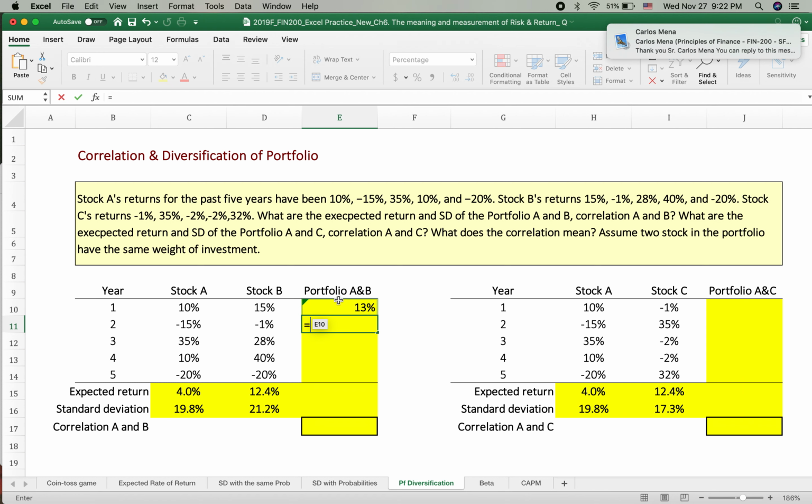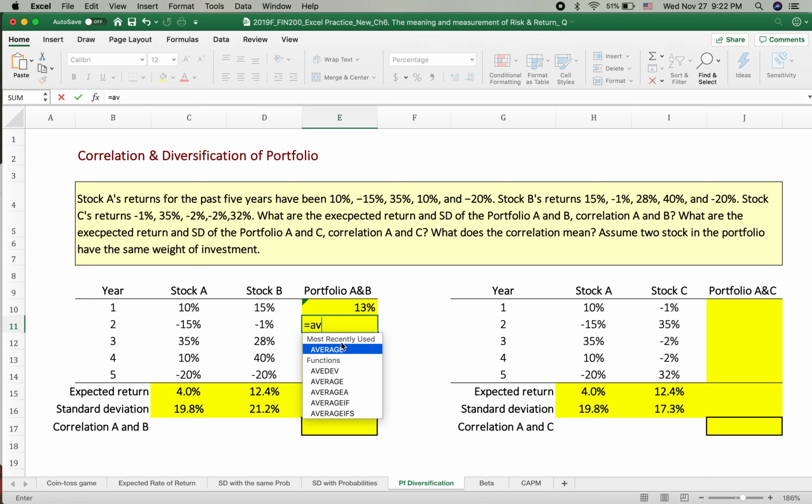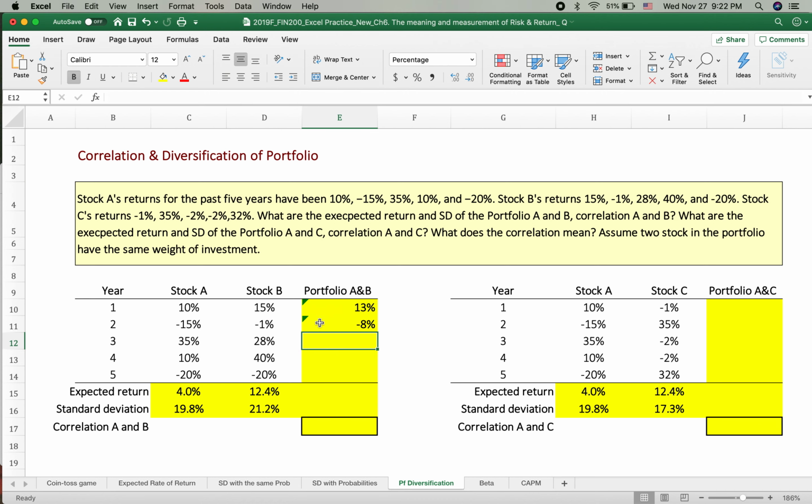Oh, sorry, this is the average of these two, right? We use this average every year.